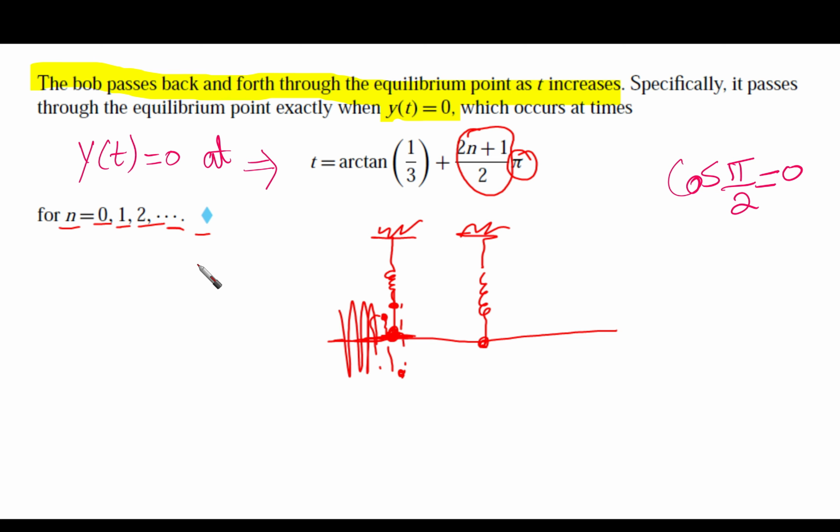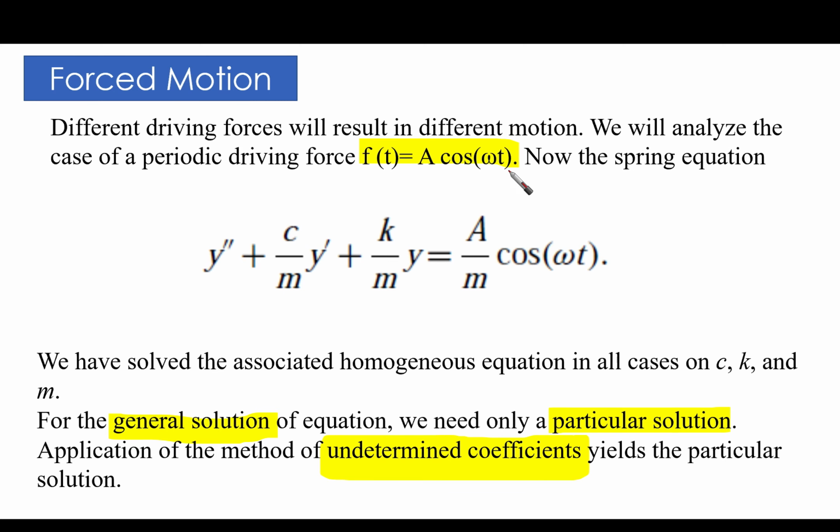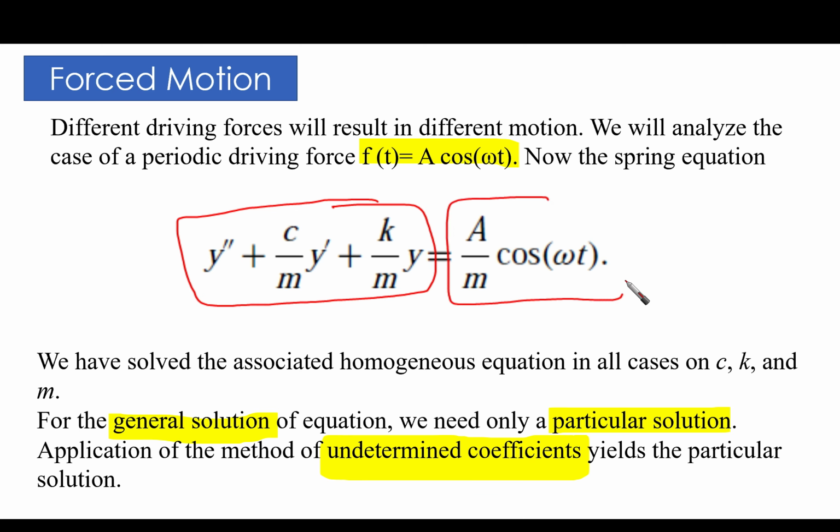Okay, now let's go to the next part of this video, which is related to forced motion. Forced motion means what? On the left-hand side we deal with the same equation, but on the right-hand side we find a forcing term. What does the forcing term mean? It means that a force is being applied on the system.